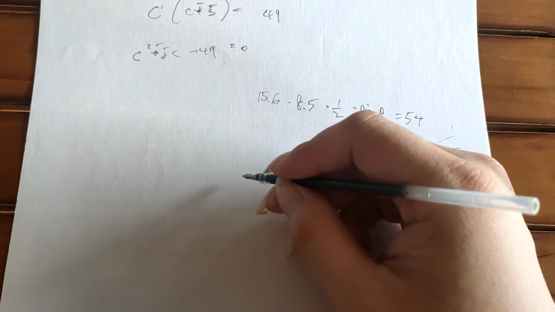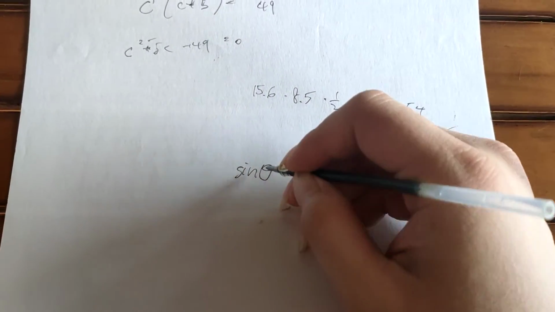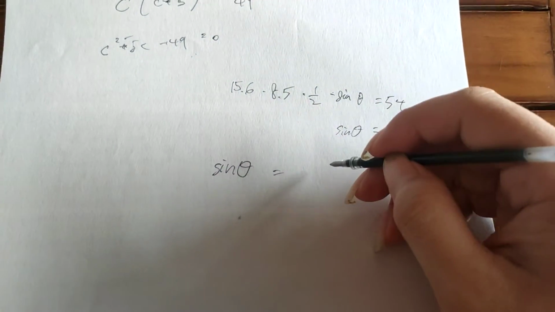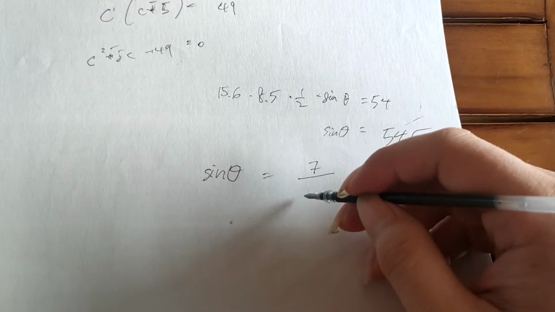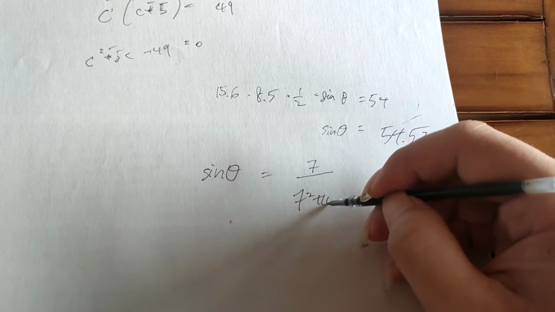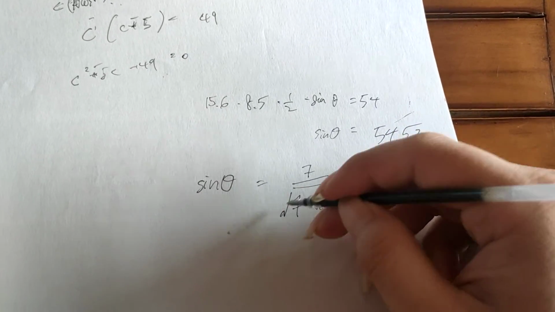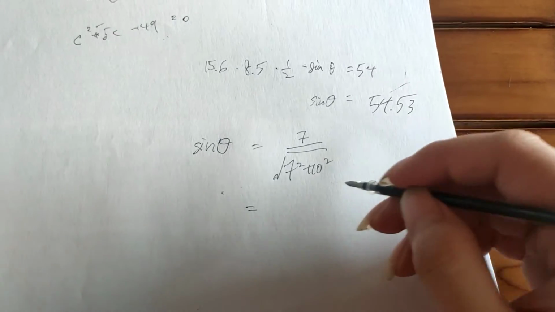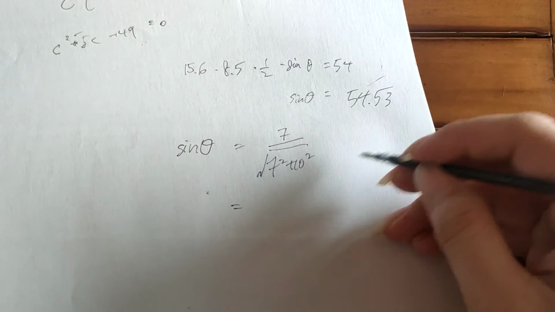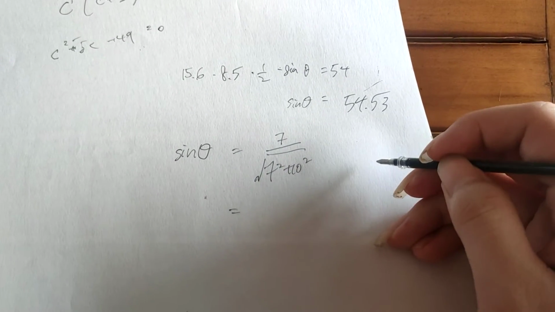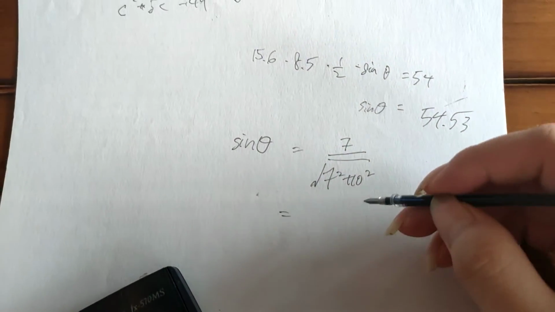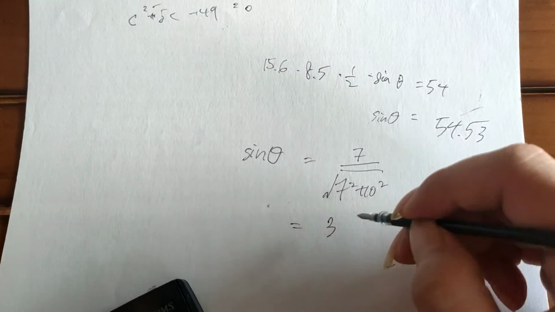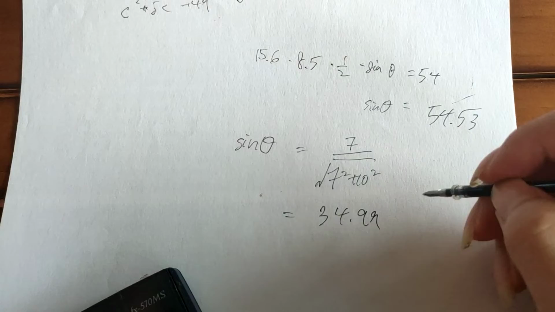Next question is sine degree is 7. The height is 7 square, 10 square. This and this, 7 over this, 34.99 degrees.